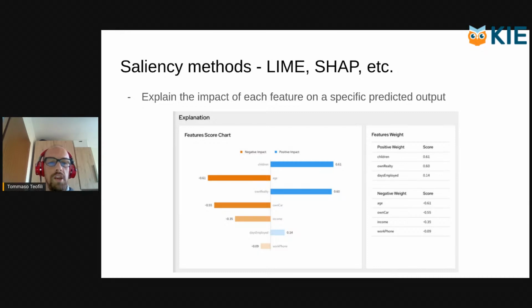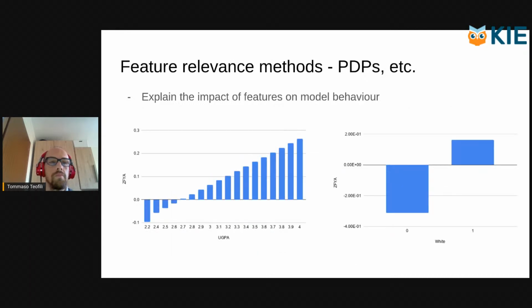For example, for the rejection, the value of age was particularly important. If the person who requested the credit card was too young or was too old, that was probably the reason why the request was rejected. So these kinds of visualizations on predictions help the user get trustworthiness on the prediction.